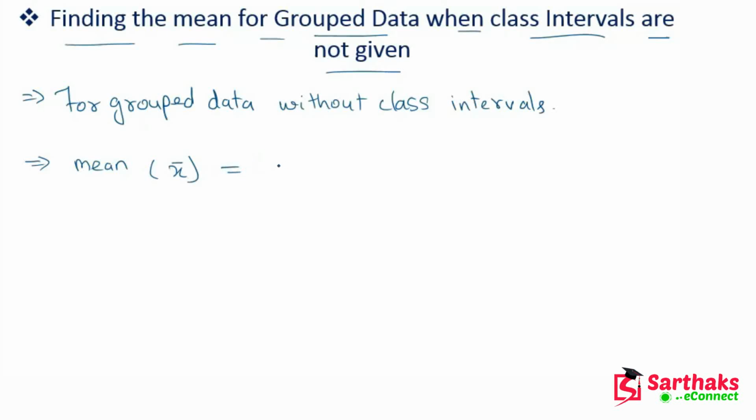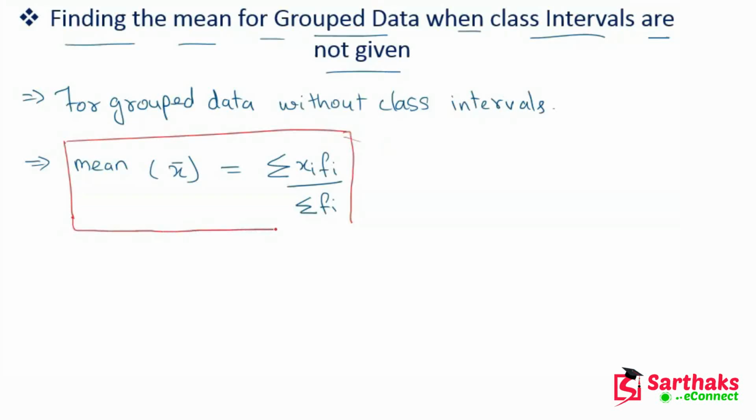The formula of this mean is summation of xi fi divided by summation of fi. This is the formula of mean when the data is in grouped form but not in class interval. Here f is the frequency, and this sign is the summation sign.